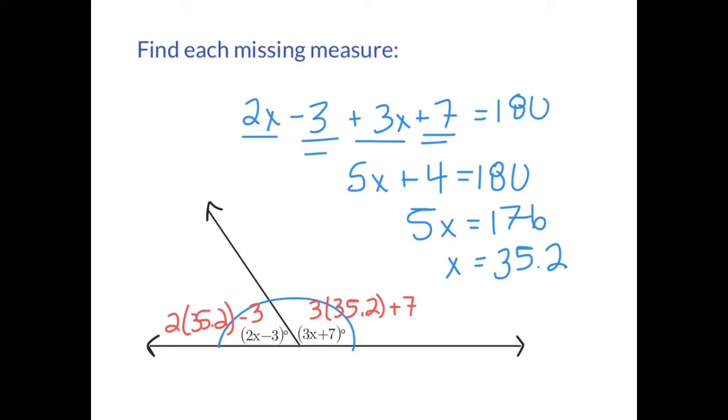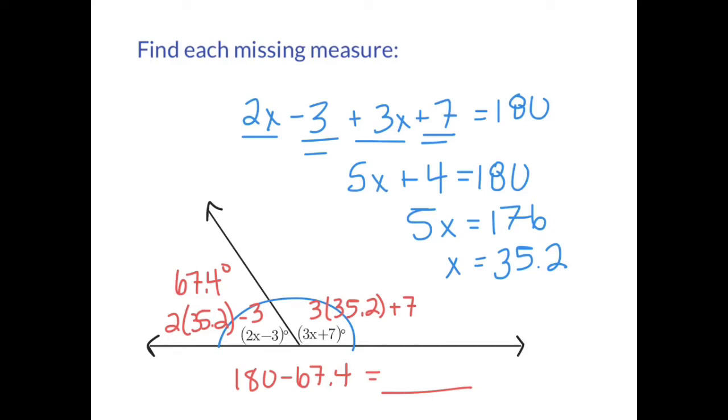So I'm going to start over here on the left. 2 times 35.2 minus 3 should give us 67.4 degrees. And at this point, I really could just take 180 and subtract 67.4 to figure out what that missing angle measure on the right should be. But I want to make sure that I did the 35.2 correctly, and then everything is going to work out using the 35.2.